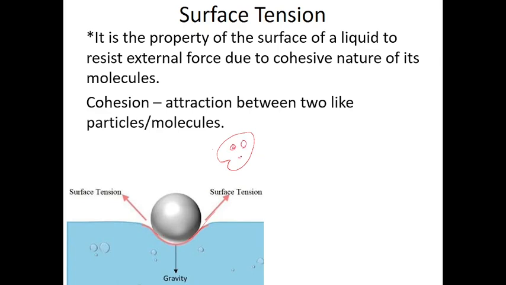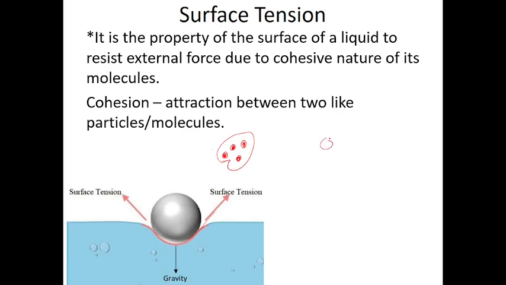Yan, namumuong tubig. Kasi umulan, tapos may mga namumuong tubig dun sa dahon. Okay? So sabihin niyan, there is surface tension. Okay? There is surface tension dahil yung mga molecules ng tubig na yan na namumuo, ina-attract nila yung kada isa. No? Nag-attract sila. No?